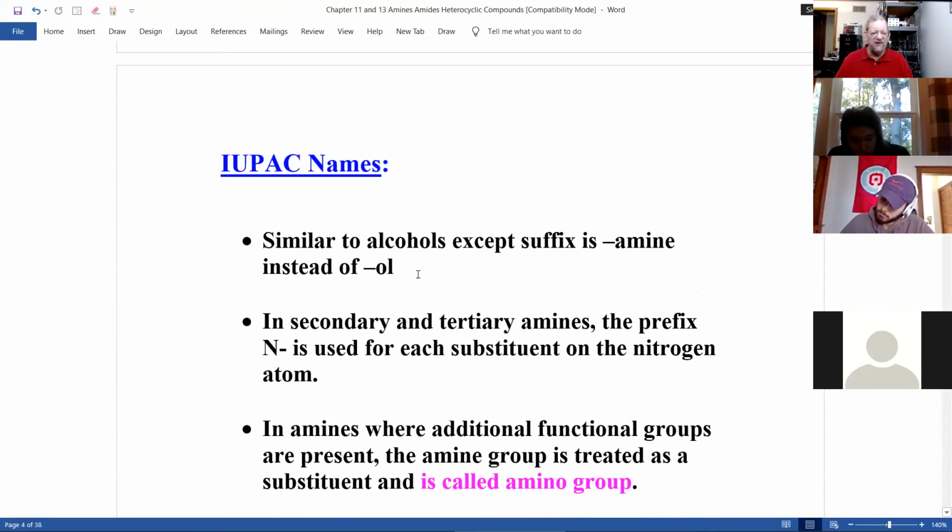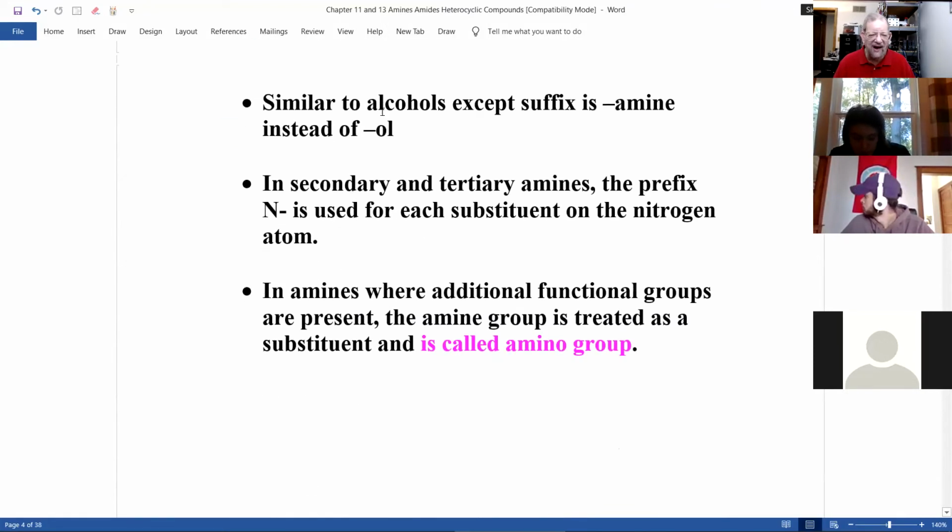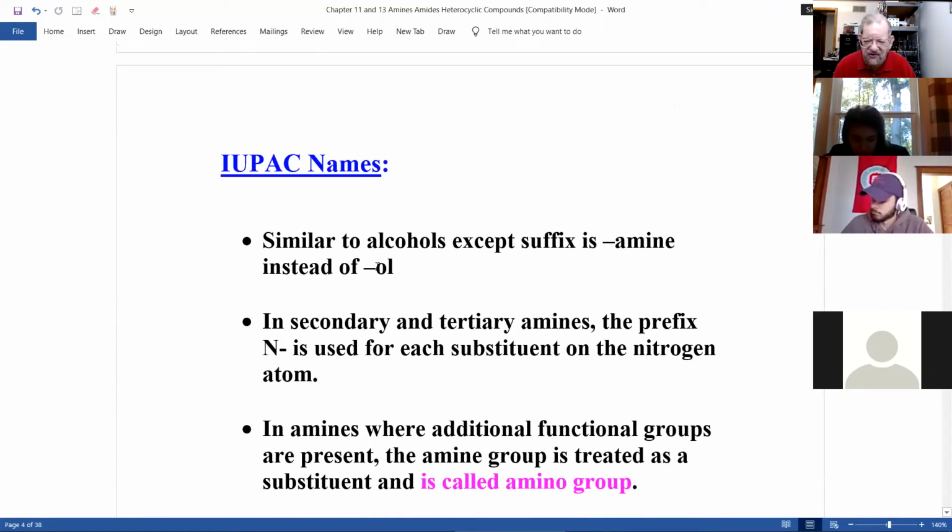Now, just to show you why we use carbon and not IUPAC, here you have, and the switch is totally off for this page. How do you name an amine by IUPAC rules? Well, you name the suffix, that part at the end, amine, instead of OL like an alcohol.